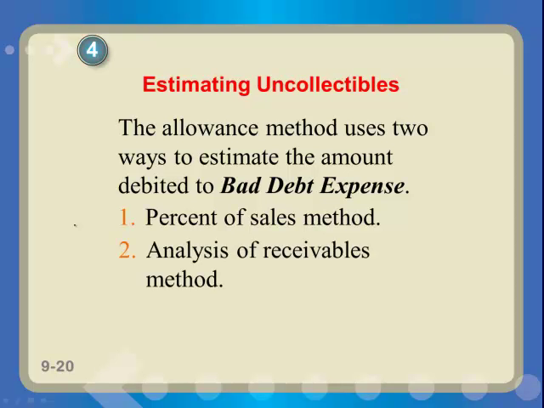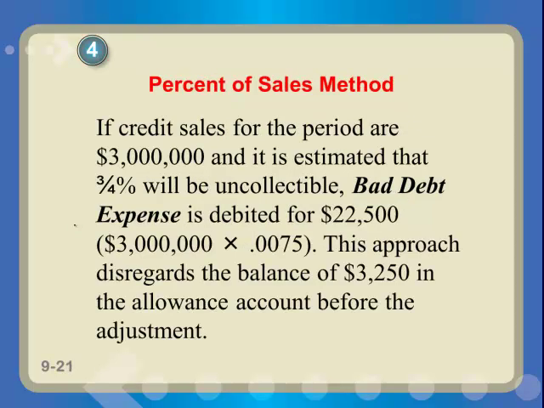Or they could have looked at their receivables and said $30,000 is 120 days or more past due. So they could have said if they're that past due, they're probably not going to pay us. Percentage of sales is just where they take a percentage. This example says the credit sales were $3 million.